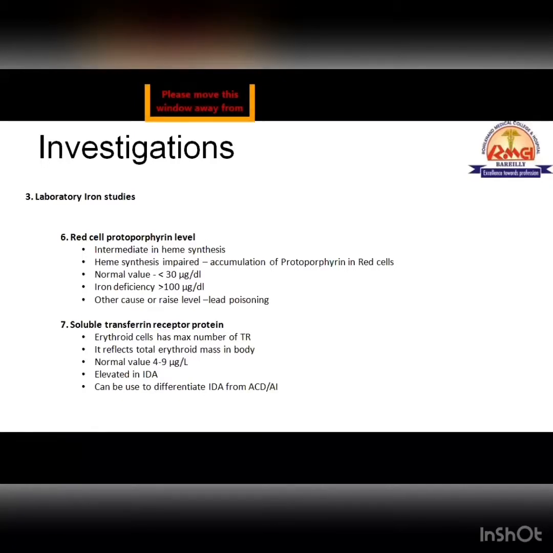Suppose heme synthesis is impaired, the final product of the pathway is not forming, then the body tends to form it more and more because the body requires it for oxygen carrying. So what happens? The intermediate products will go up.